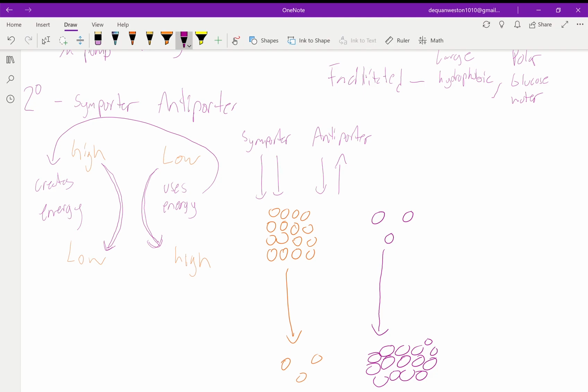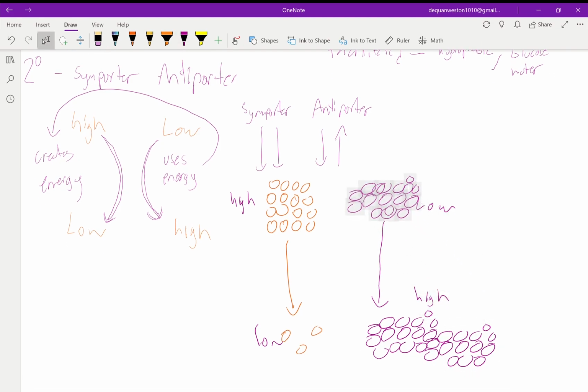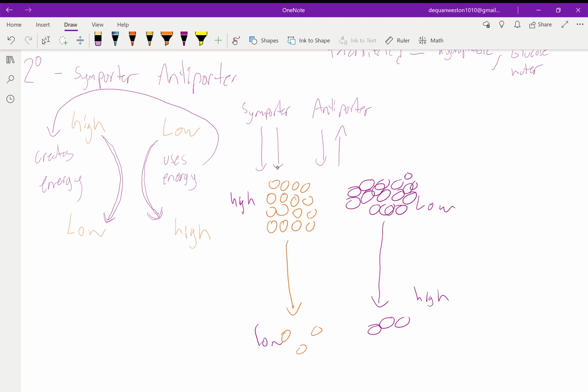So this is a picture of this going from high to low, and it's going to create enough energy to bring this one from low to high. If you could flip this, and we'll erase all this.